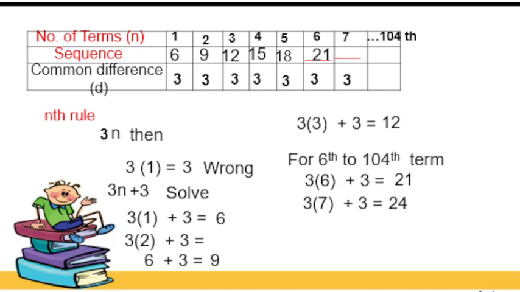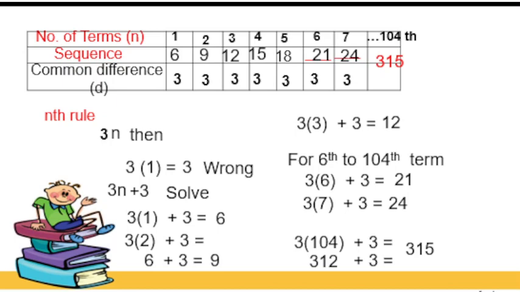So same procedure to get the 104th term. Multiply 3 by 104 and then add 3. So 3 times 104 is 312 plus 3 is equal to 315. So 315 is the 104th term.